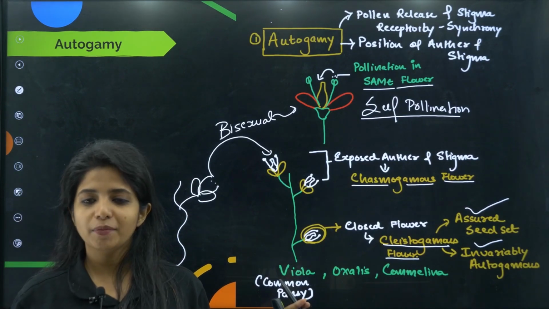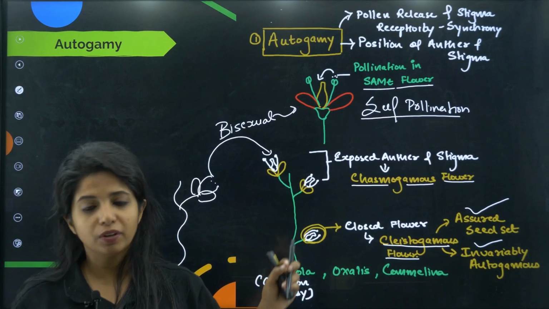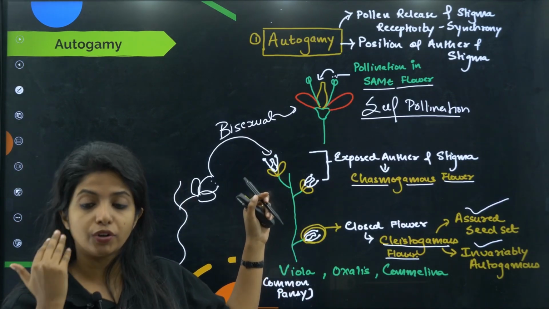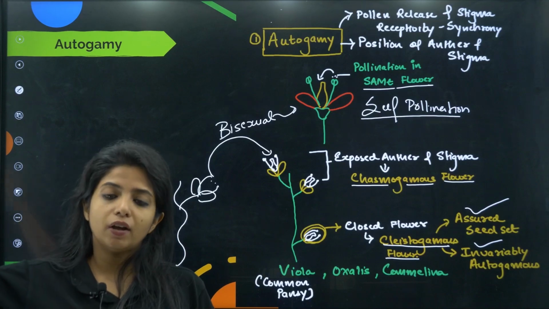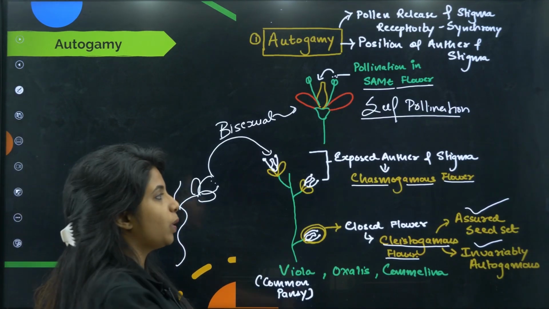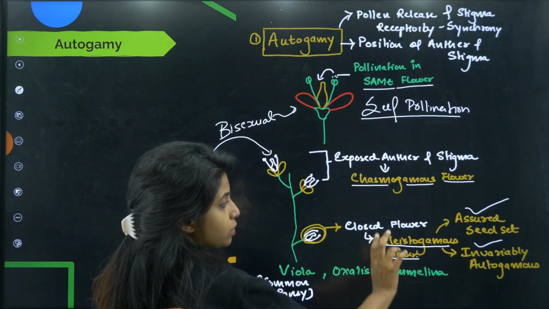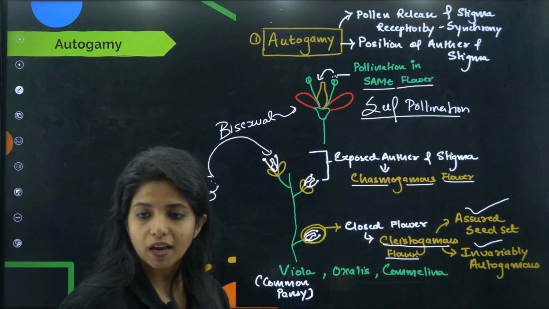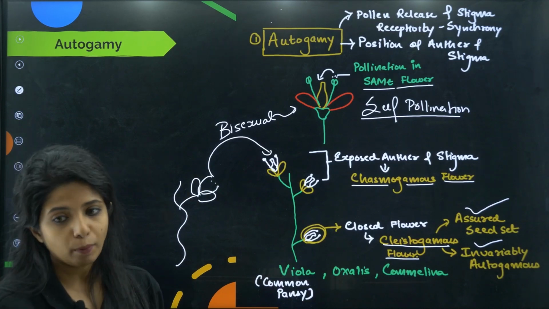It has to be autogamous, as in it will show self-pollination. But in chasmogamous flowers, even though it is an autogamous plant, other flowers can also give their pollen grains and cross-pollination can still happen. So one is chasmogamous and the other one is cleistogamous, with assured seed set and invariably autogamous. Example, Viola, Oxalis, Commelina. Viola is also known as common pansy.